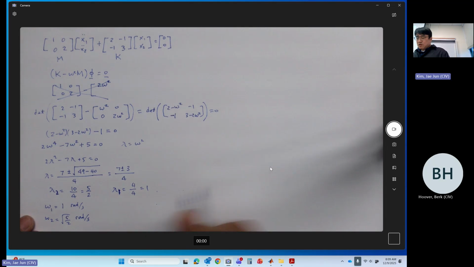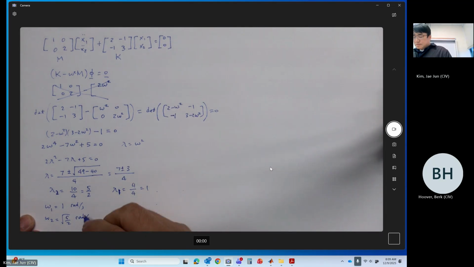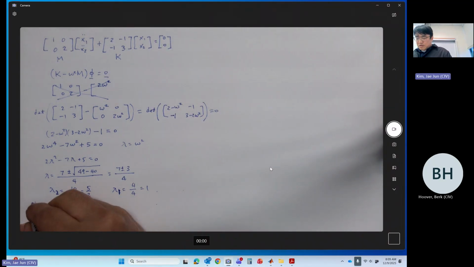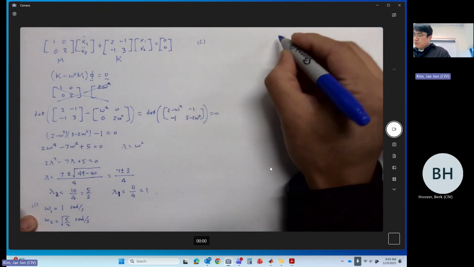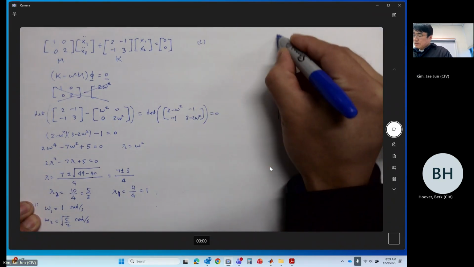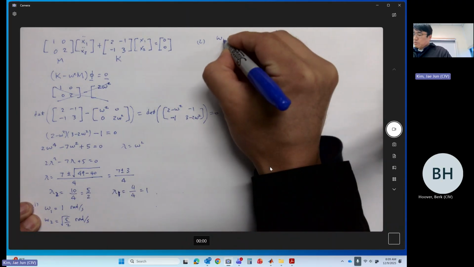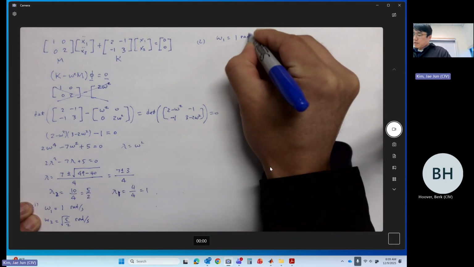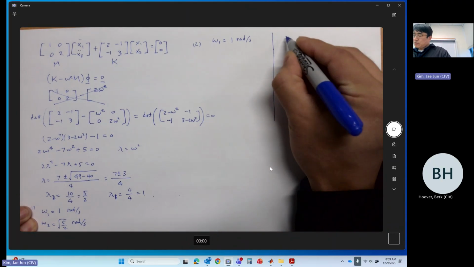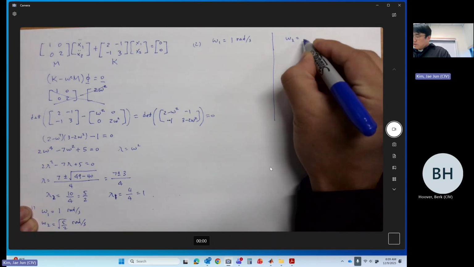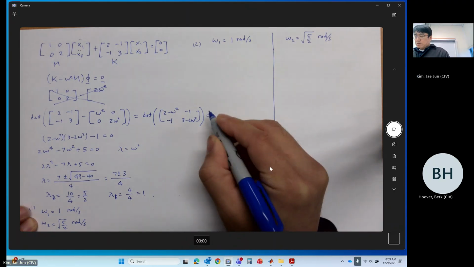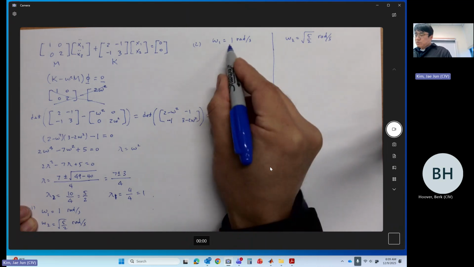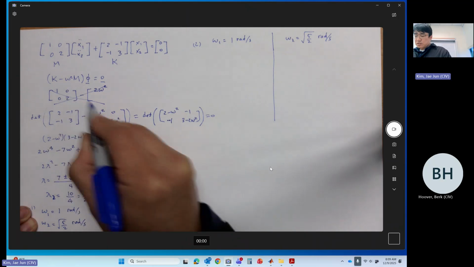So that's number 1. Number 2, mode shapes. So for mode shapes, you have 2 mode shapes. One associated with 1 radians per second, and the other one associated with the square root of 5/2 radians per second. So what you do is you substitute 1 into this equation.